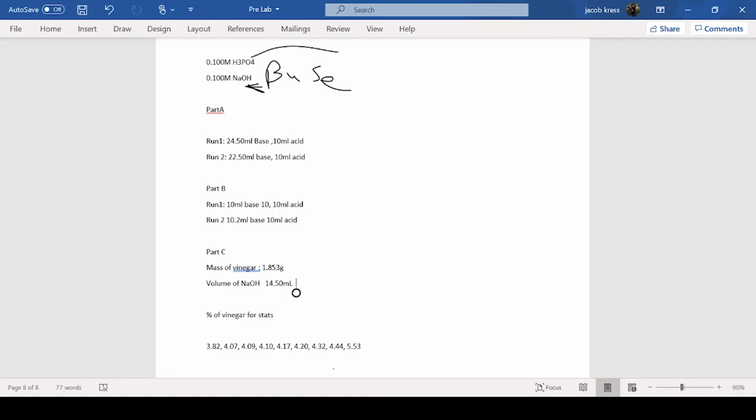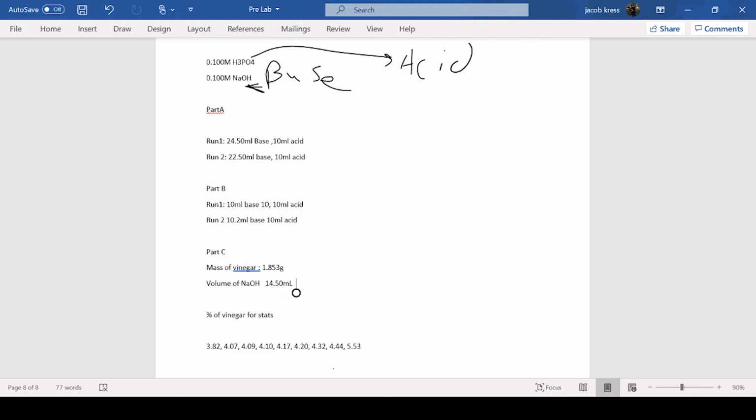And the acid is obviously going to be the phosphoric. And the phosphoric for parts A and B, the concentration of that is also going to be 0.100 molar. So you guys can see here for parts A and B, you have 2 runs each. You're going to take the average between the two.